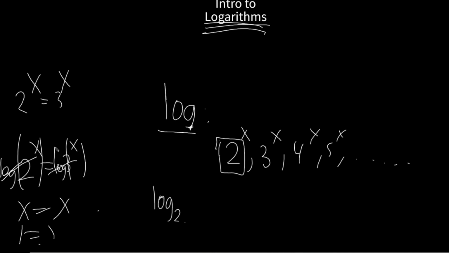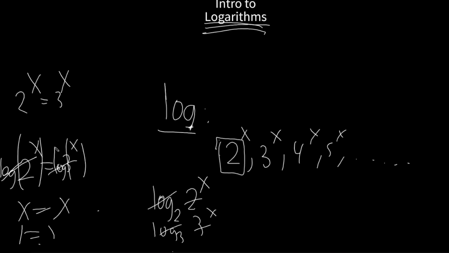So we can have log base 2, and this undoes 2 to the x. We can have log base 3, and this will undo 3 to the x. Or it cancels out the base, is how I like to think of it. And now this makes much more sense because they don't apply to all of the functions equally.